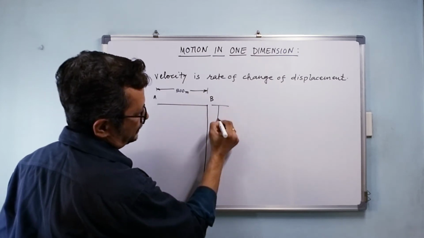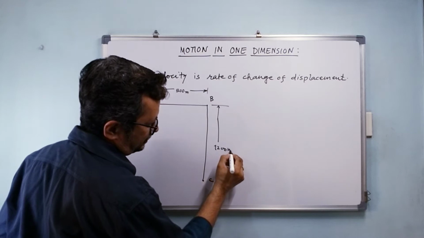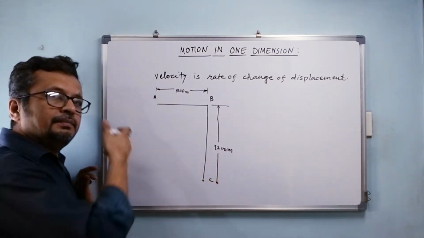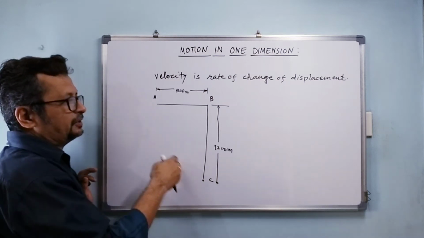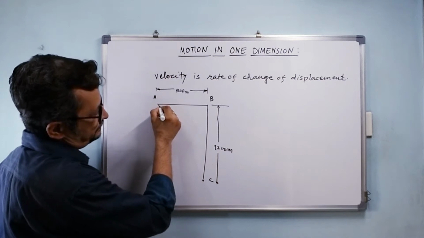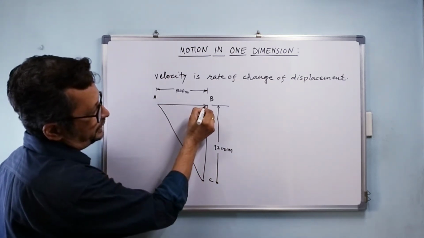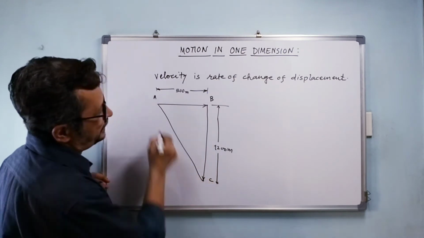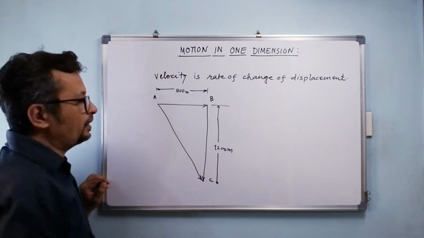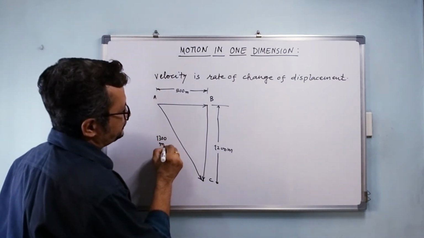From B to C it is 1200 meter, and then obviously my final displacement, the distance between A and C, is going to be 1300 meter. So A to B and B to C, and finally I am reaching from A to C.